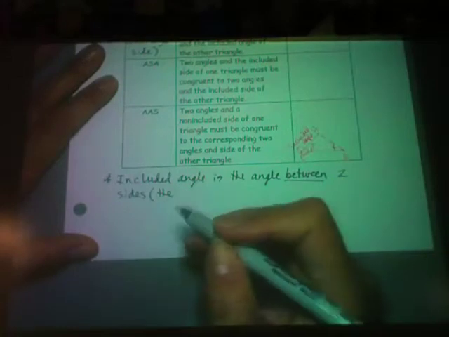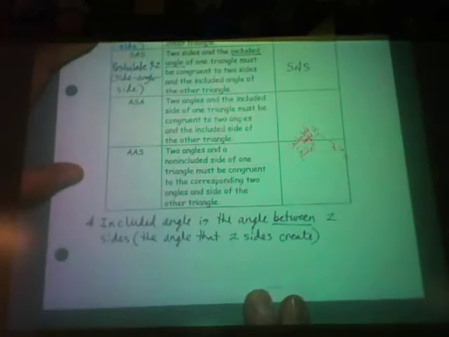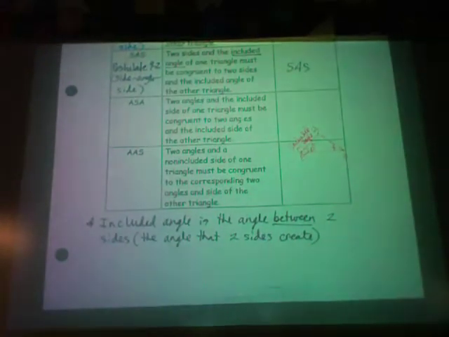And then in parentheses you can write the angle that two sides create. And so your shortened form for this, if you decide that you have been given or are able to prove a side-angle-side, that's going to be your reason, SAS, for proving those triangles congruent.